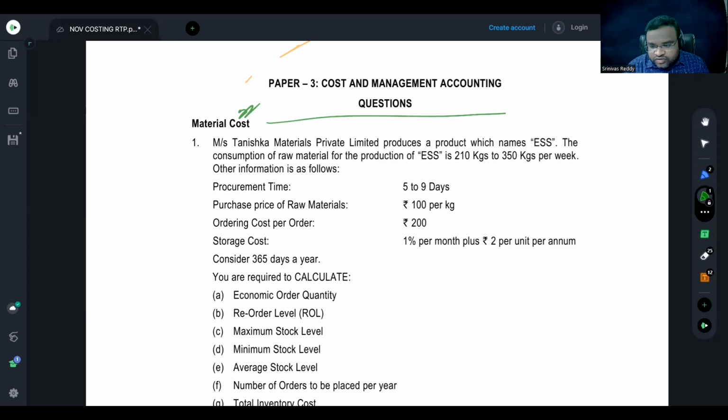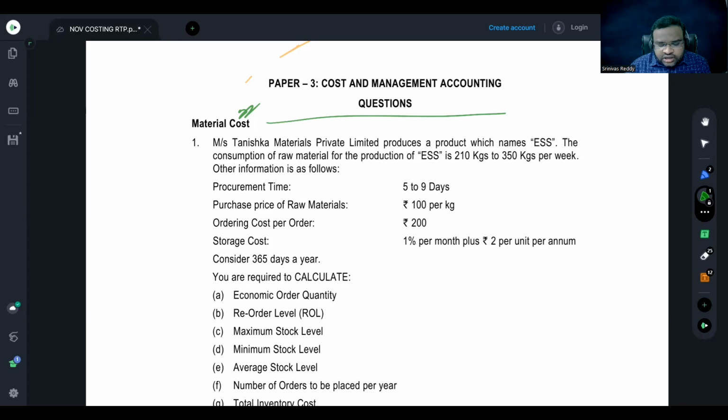There is one question which is very important, about stockouts. We have done it in question number 30 or so. At different probabilities, different stockouts. So most of the time, the examiner will focus on these topics in the examinations. So please be focused on those areas.